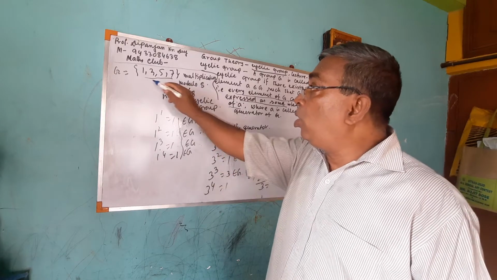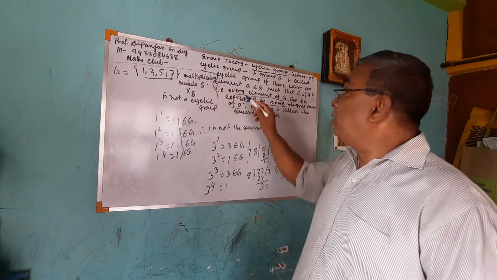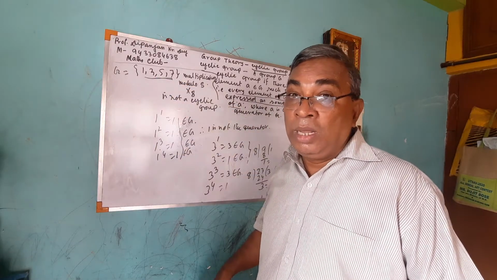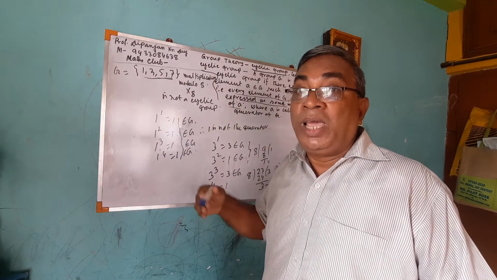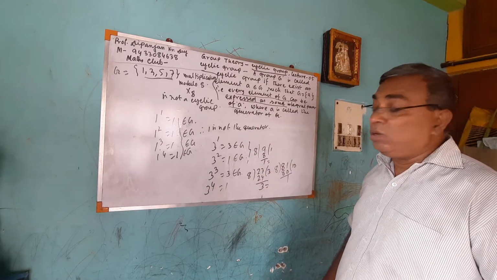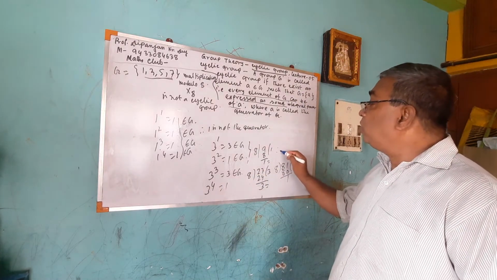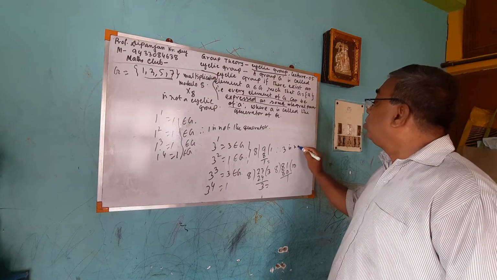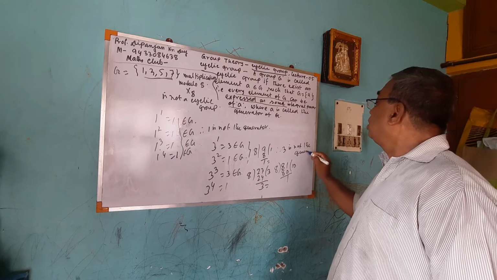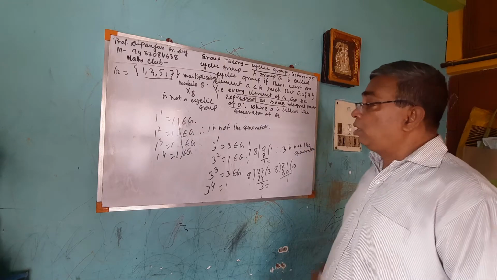You will get every element of G when the integral power of a increases. But we are not getting all of them, only 3 and 1. So we can say 3 is not the generator.